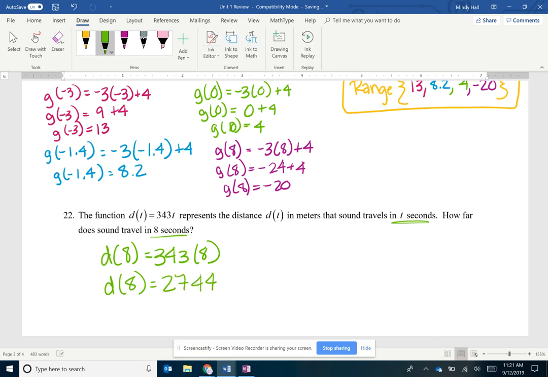And this is d of t in meters. So sound travels in 8 seconds 2,744 meters, which I don't know a conversion rate, but I know it's a lot of distance.